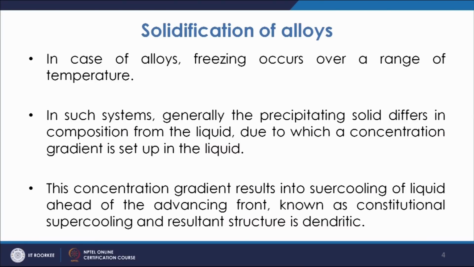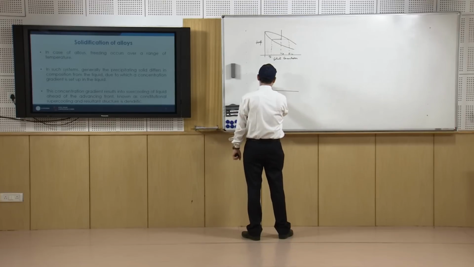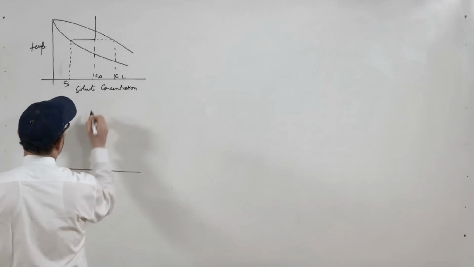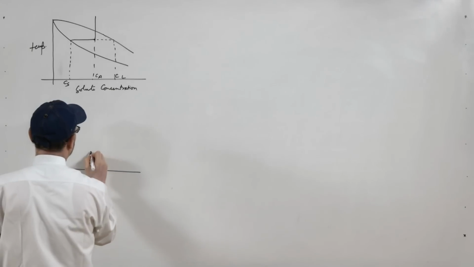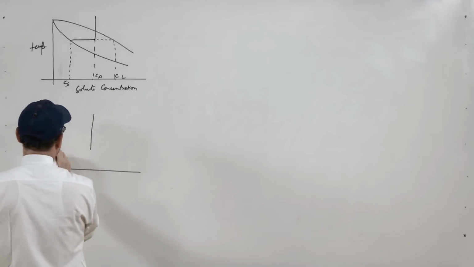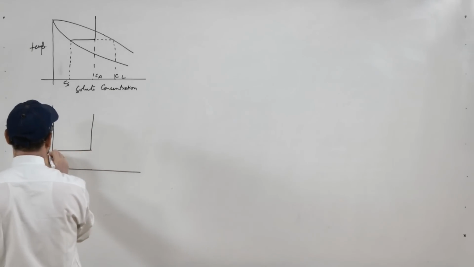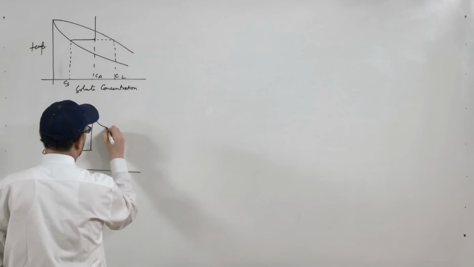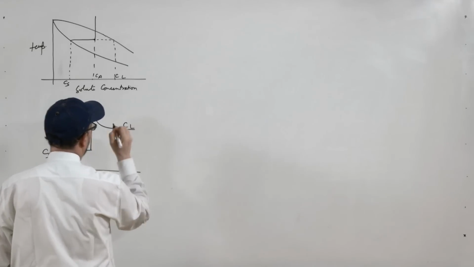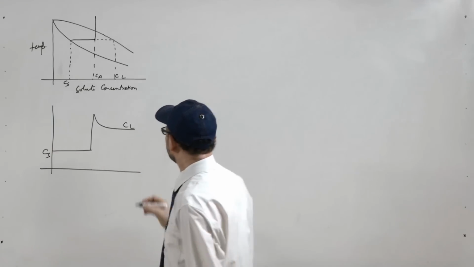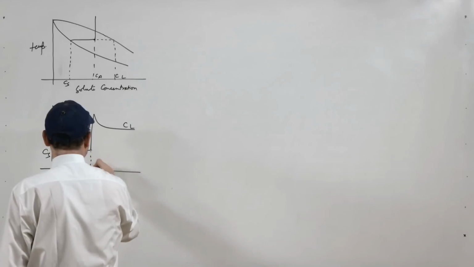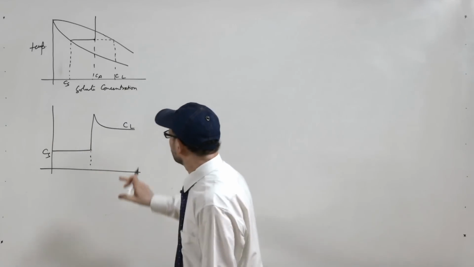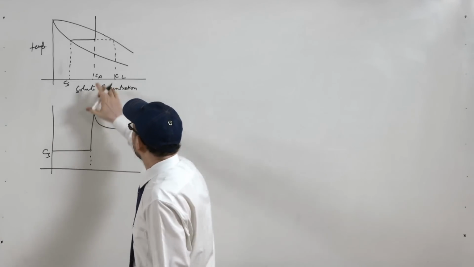So, what you see is here you have less Cs at this point, this is Cs and this is Cl. This is the point A. Now, what happens?